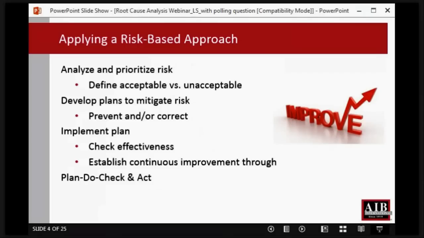So again, if we were to apply a risk-based approach, we would define within our organization what is acceptable and what is unacceptable. I don't think it will shock anyone that we all realize that sometimes people don't agree, and that is in between departments. In other words, who's responsible for what?